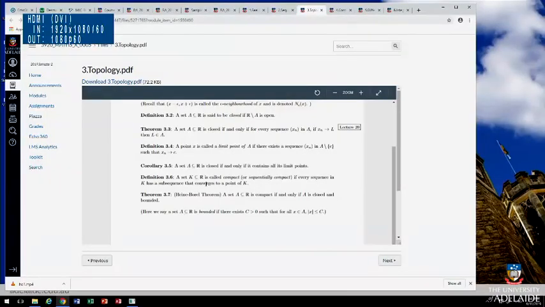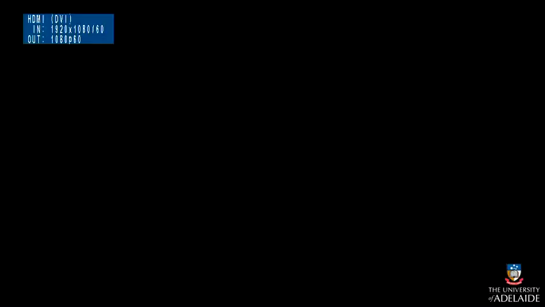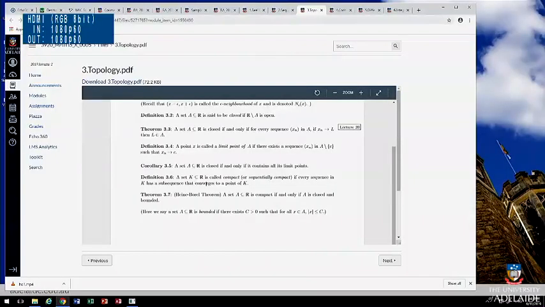So, okay. So, the rational numbers aren't compact because there are sequences of rational numbers that do converge to non-rational numbers, and if something converges to a number, every subsequence converges to that number, right?